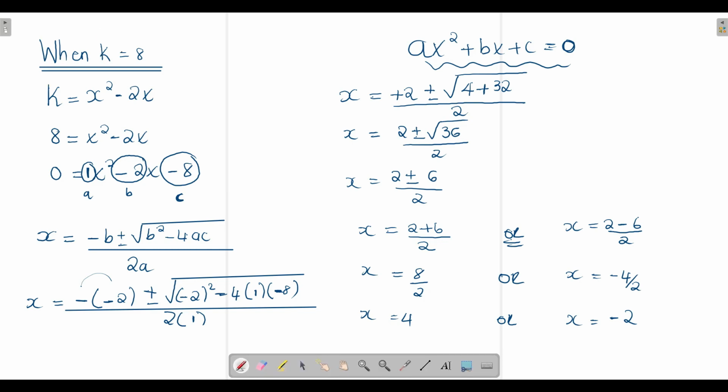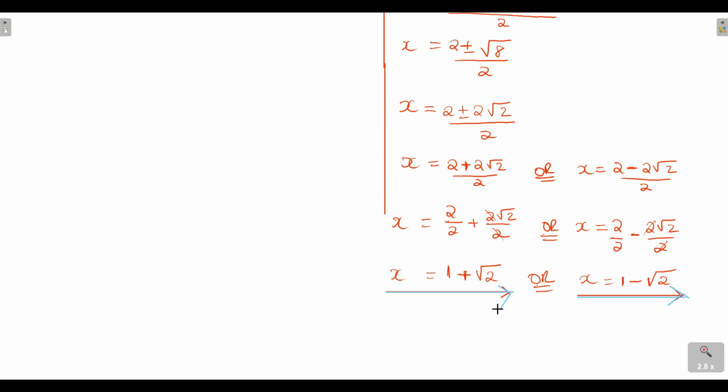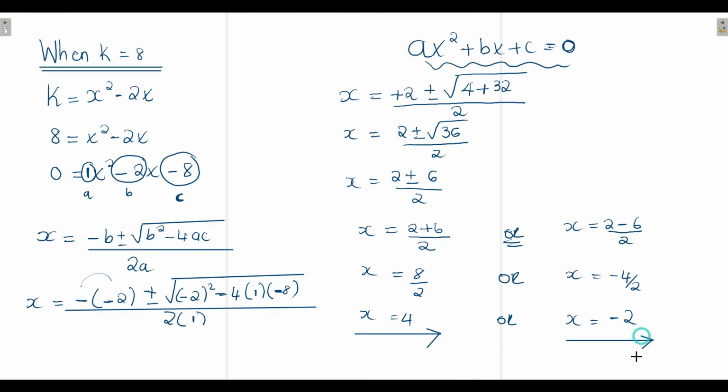Do we see that we actually obtained 4 values for x? We got that x is equal to 4, x is equal to minus 2, and we also got that x is equal to 1 plus the square root of 2, and x is equal to 1 minus the square root of 2. And this actually makes sense because, when I started off the video tutorial, I mentioned that if you try to solve this equation without using the K method, you would have a fourth degree polynomial.